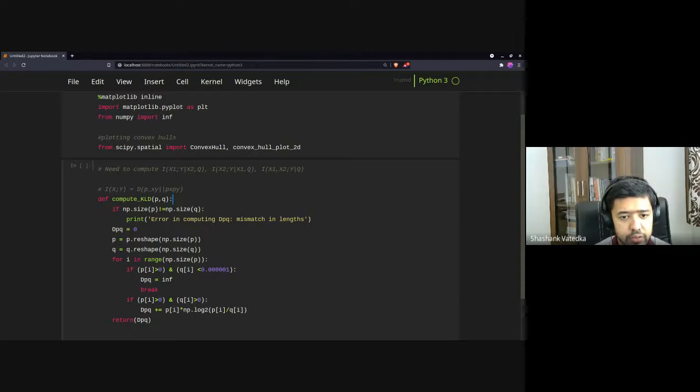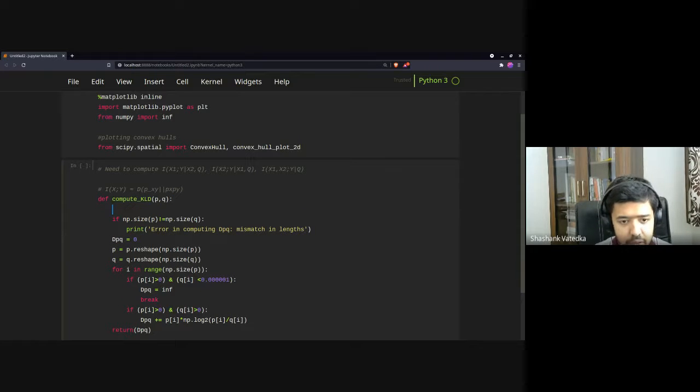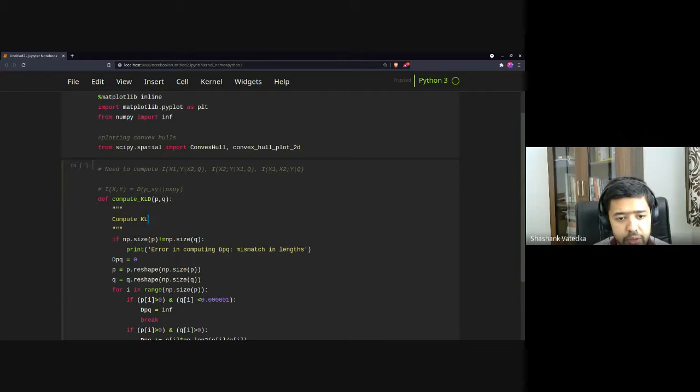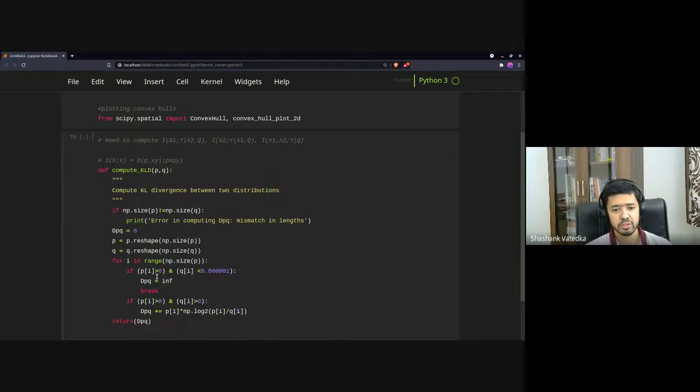So this is going to compute the KL divergence between two distributions. It looks a little more complicated because I'm just trying to take care of all the edge cases.